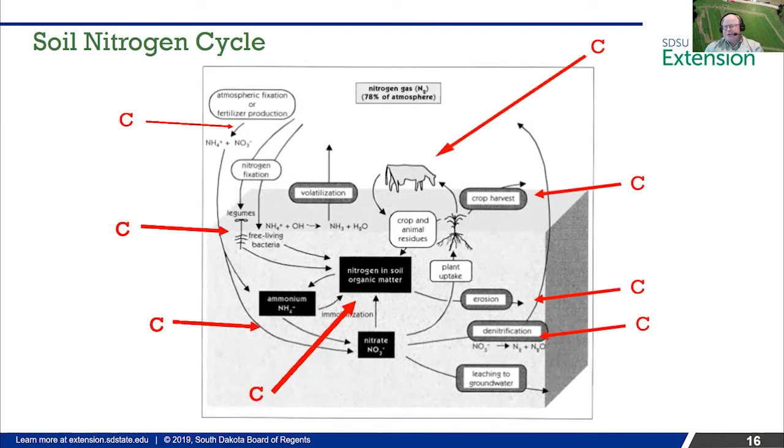But if I superimpose the points at which carbon is instrumental in these processes, it's all over the board, all over the cycle. It's at every point. The cycle can't happen if we didn't have carbon, okay? So that's how important the carbon to nitrogen relationship is.